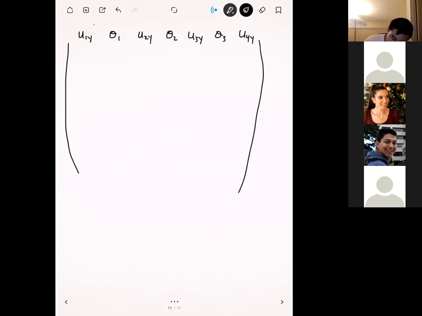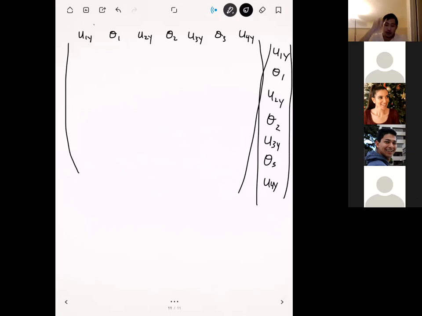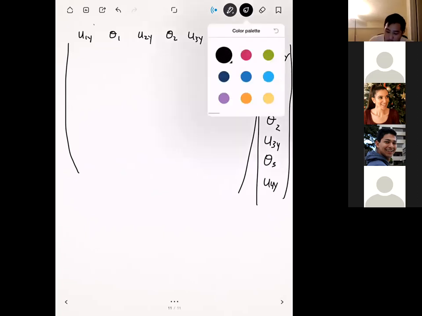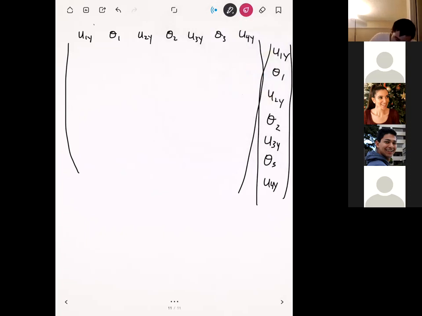Okay. And then for the rows, we have all the same things. Okay. And so now let's box the entries where all the elements are going to act. So let's start with element A. Right, so element A is a beam element and it acts on nodes 1 and 2.